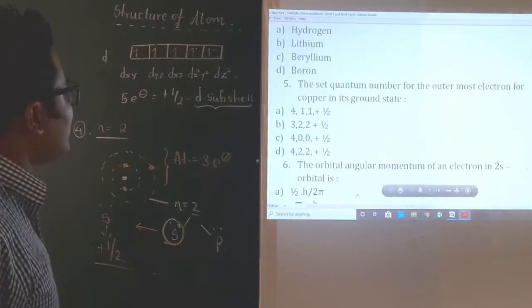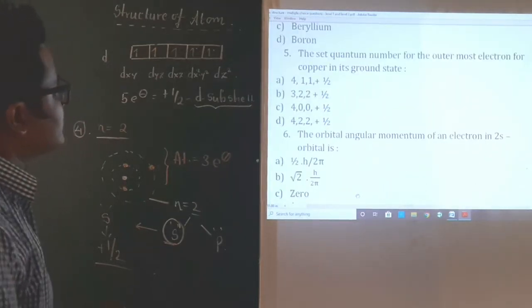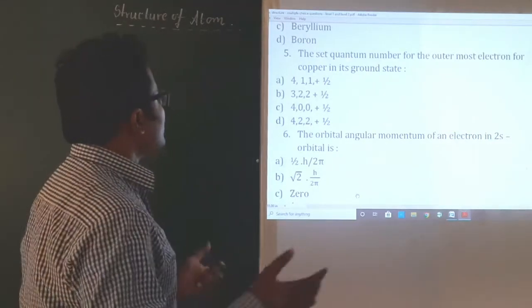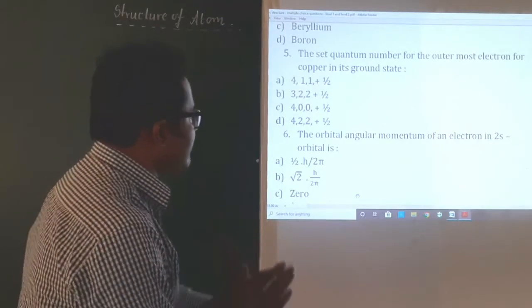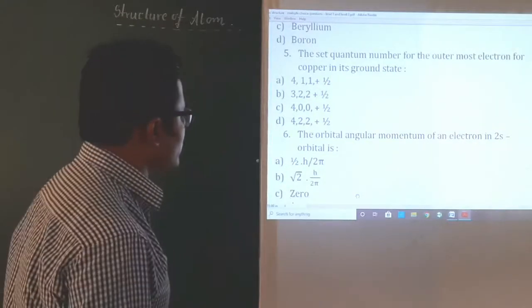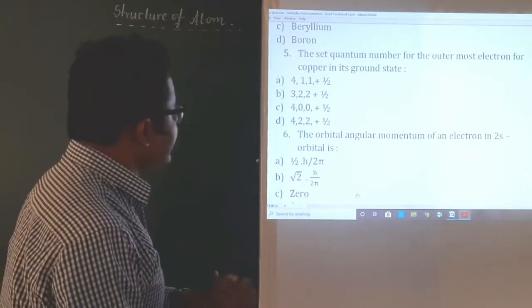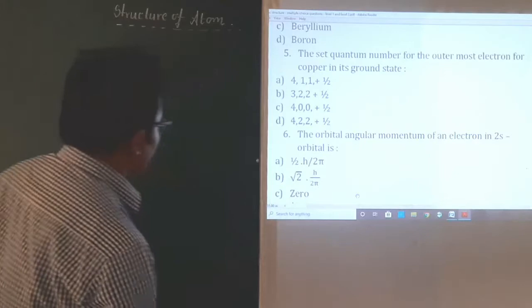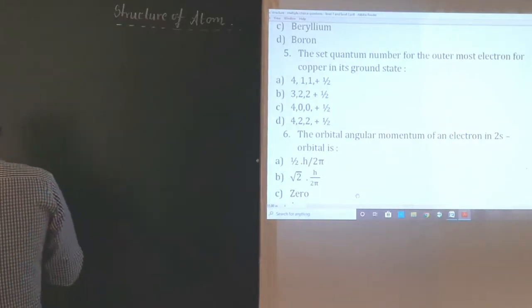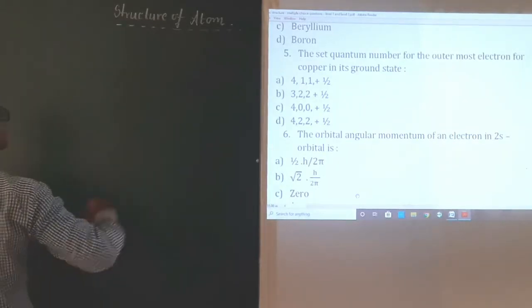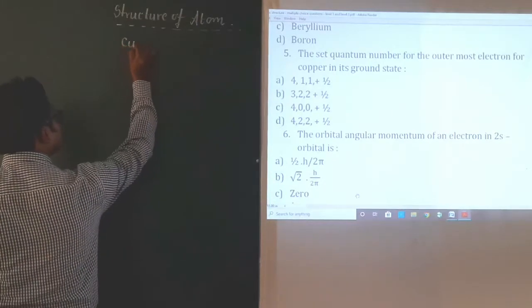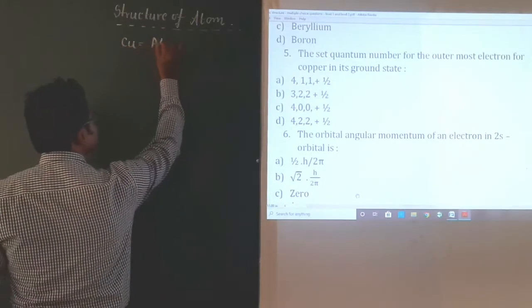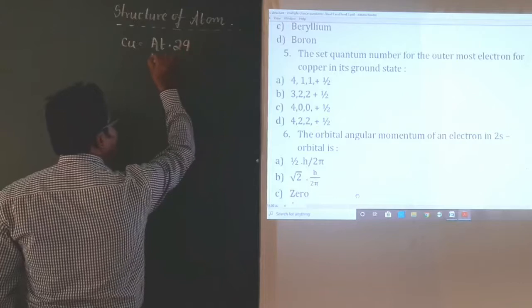Question number 5. The set of quantum numbers for the outermost electron of copper in its ground state is... First, we are dealing with copper, whose atomic number is 29.